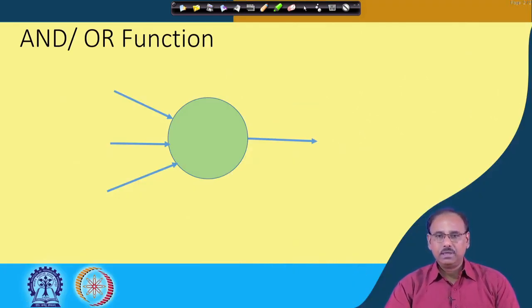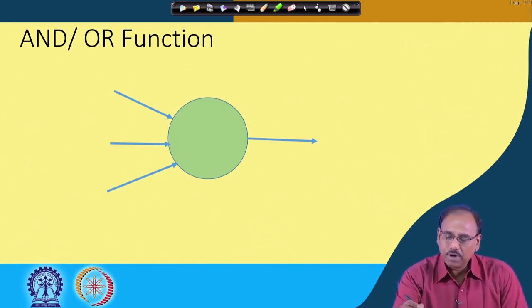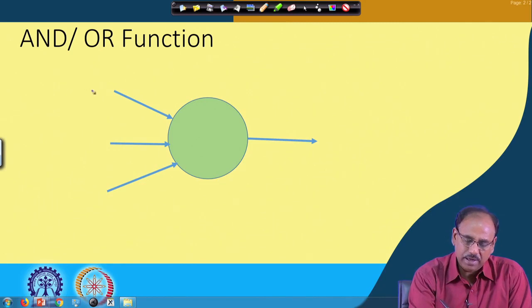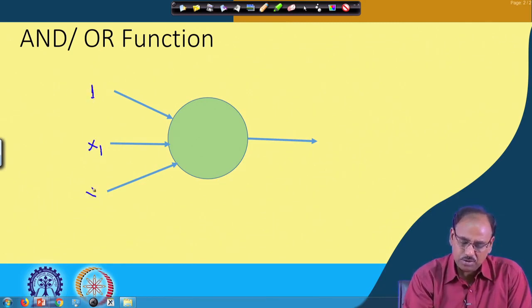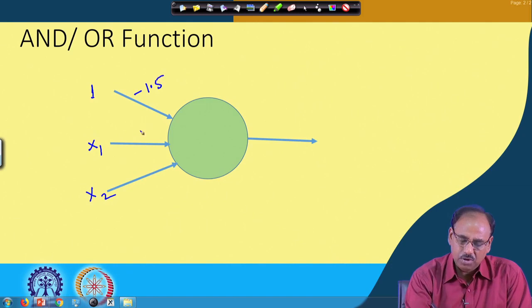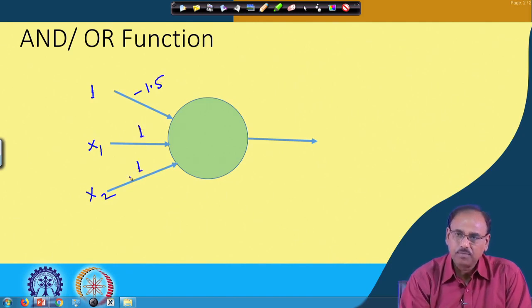We implemented two logic functions, AND logic and OR logic, and we said that both can be implemented using a single neuron or single layered neural network. For the AND logic, we took our input vector to be 1, x1 and x2, and the weight vector as minus 1.5, 1 and 1.